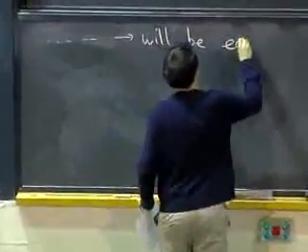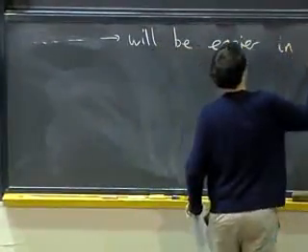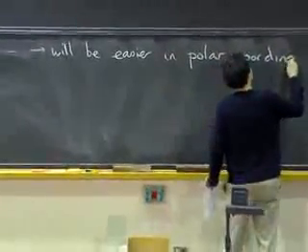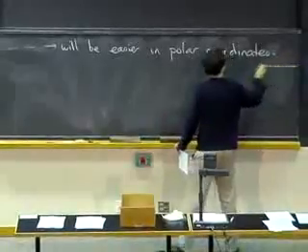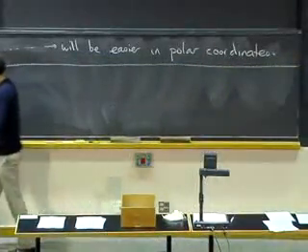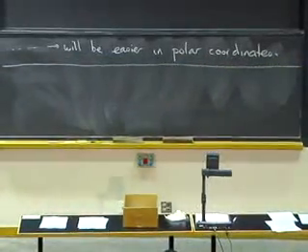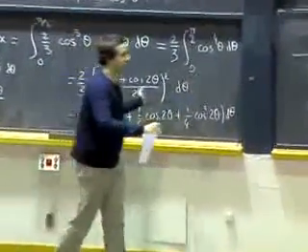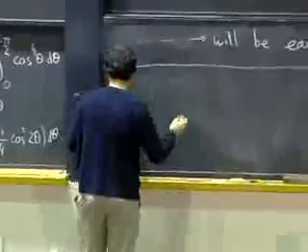That will be easier in polar coordinates. So we'll see that tomorrow. But you know, we are almost there. Here you just use the double angle again, and then you can get it, and it's pretty straightforward.